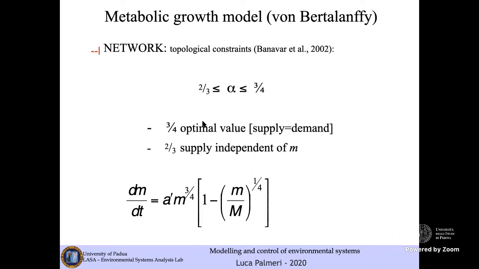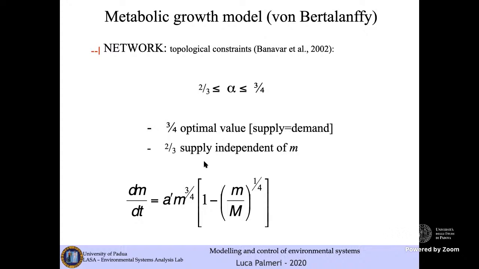In this case, you have that the exponent of 3/4 describes an optimal value in which your network is supplying what is really required for life processes.